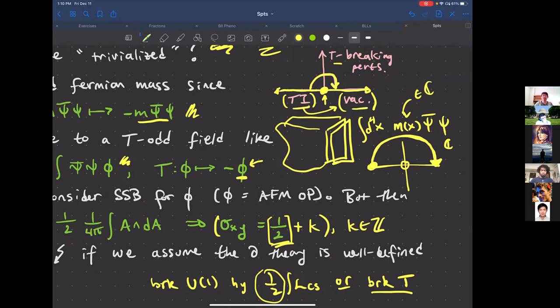Of course, if the mass is complex, this term breaks time reversal symmetry. And so I have to explicitly break time reversal symmetry to do this. But as long as I consider a time reversal symmetric case, I'm confined to the real axis here. And then if I try to connect these two, I have to run into this place where the mass goes to 0. And so it's impossible to smoothly do this deformation.